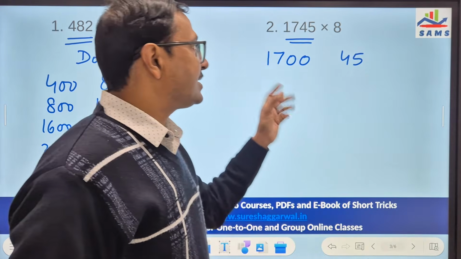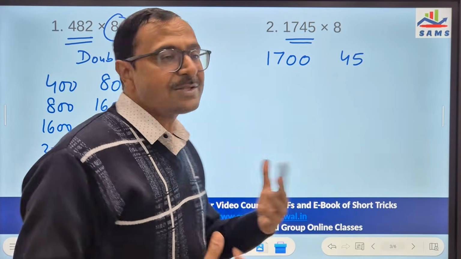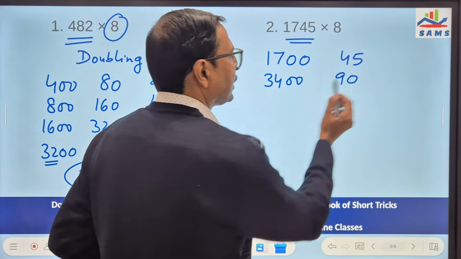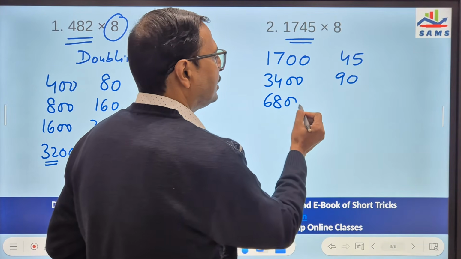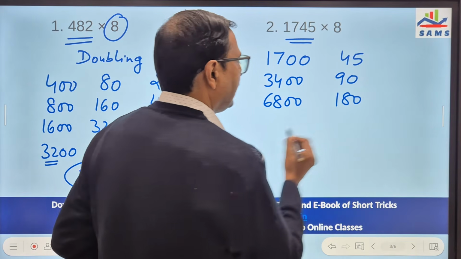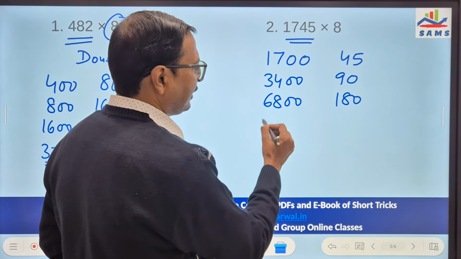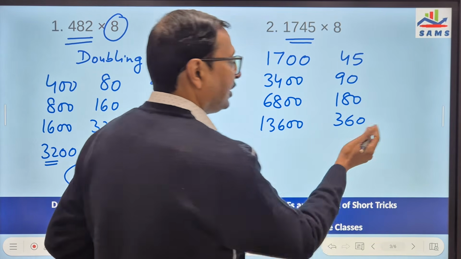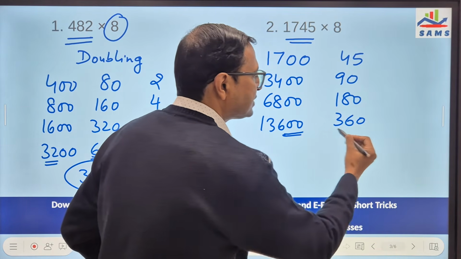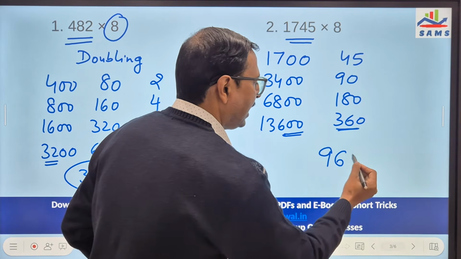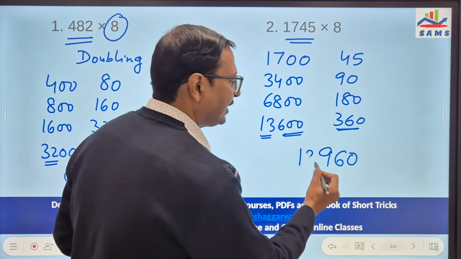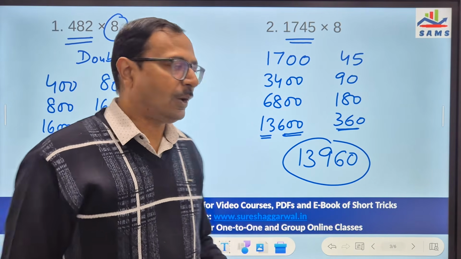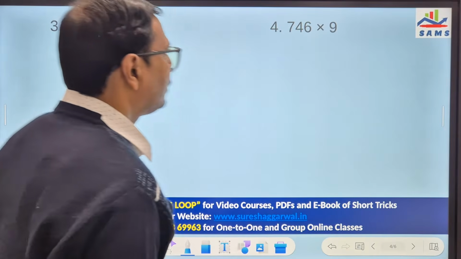Now let's do the doubling. 3490 was the double of 1745, so I doubled: 2000, 1400, 80 and 10, then 4000, 2800, 160 and 20, then 8000, 5600, 320 and 40. Now how do you add them? 600 plus 360 is 960, and finally we have the 13000. So 13960 is the product.